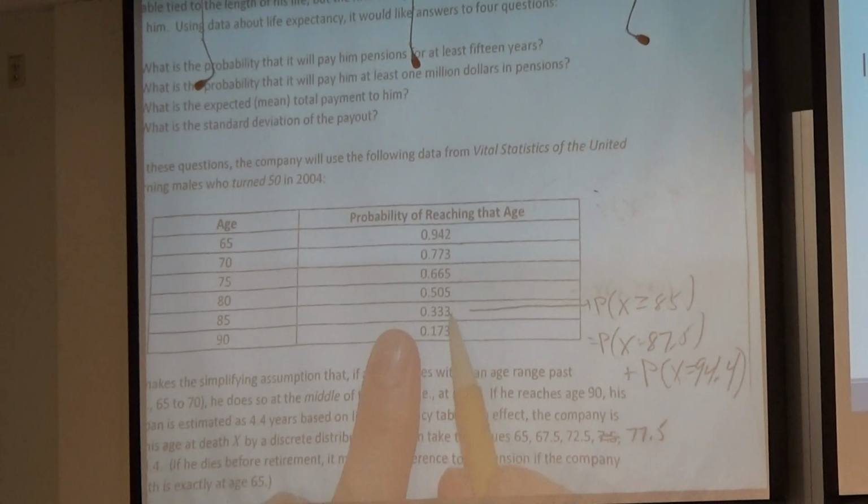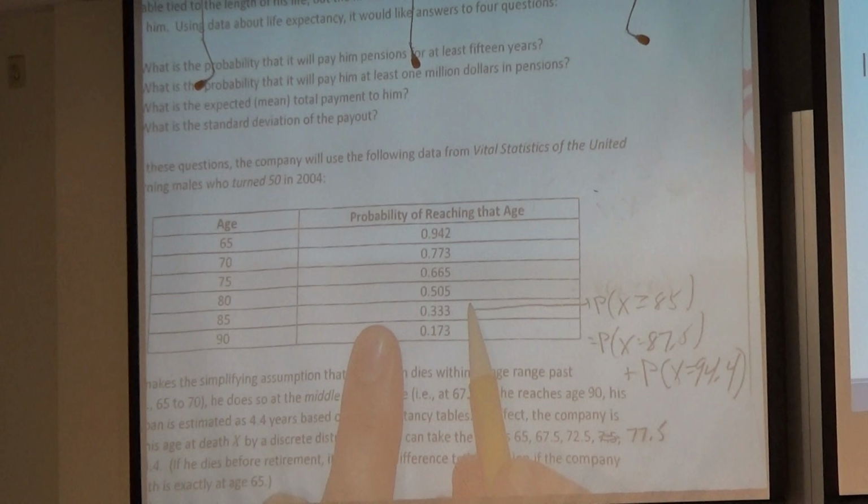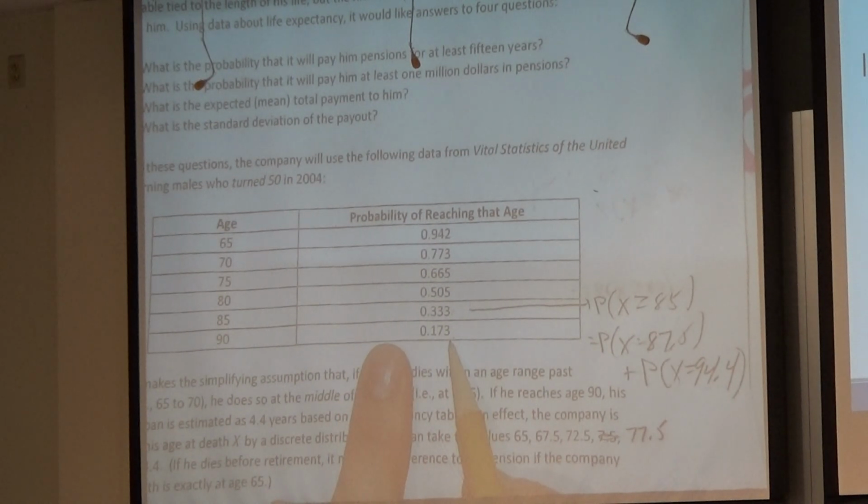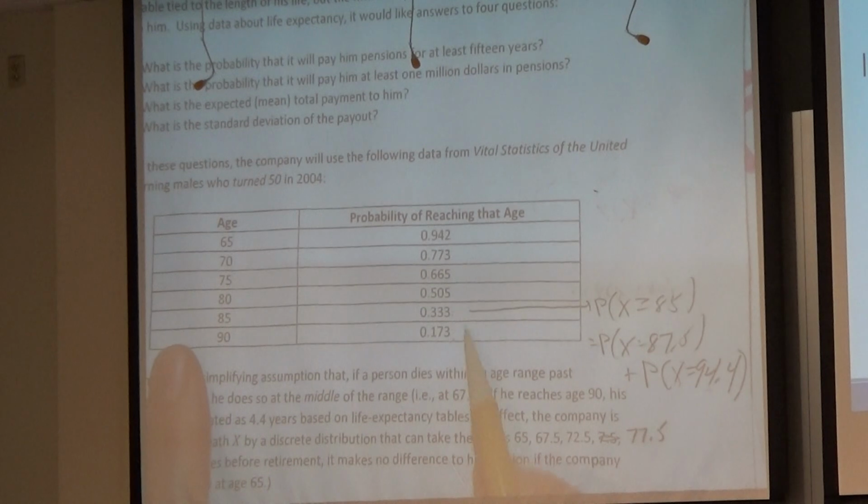So 0.333 has to be the sum of 0.173, which is the probability I reach 90, plus the probability I reach the 87.5. So if I subtract 0.33 minus 0.173, I'm getting exactly the probability that I reach this age 87.5.